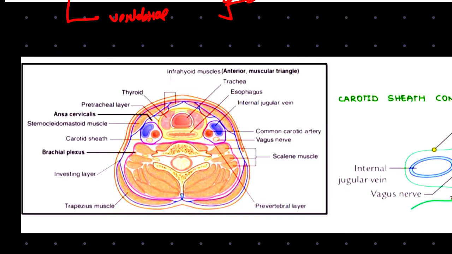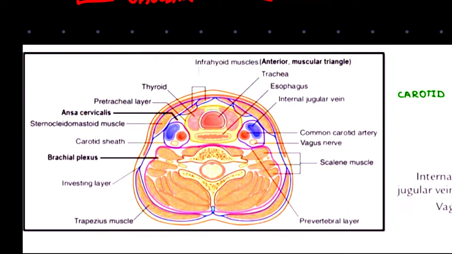We talked about the carotid sheath. Now further, we are going to get deeper into this pre-vertebral fascia, because here we have the brachial plexus, the important one. This brachial plexus is present between scalenus anterior and scalenus medius.